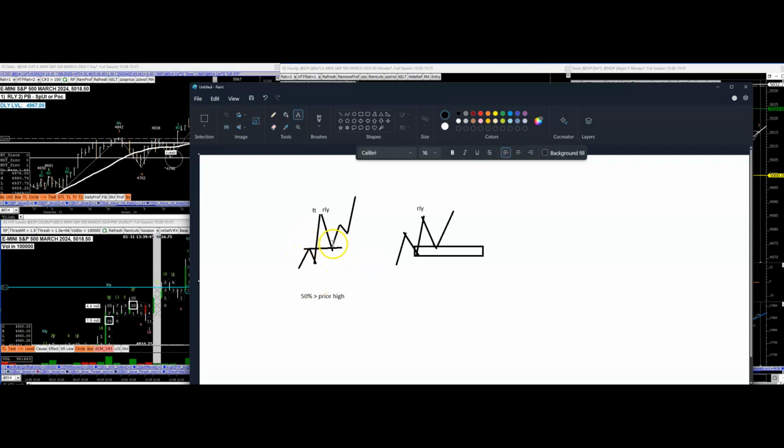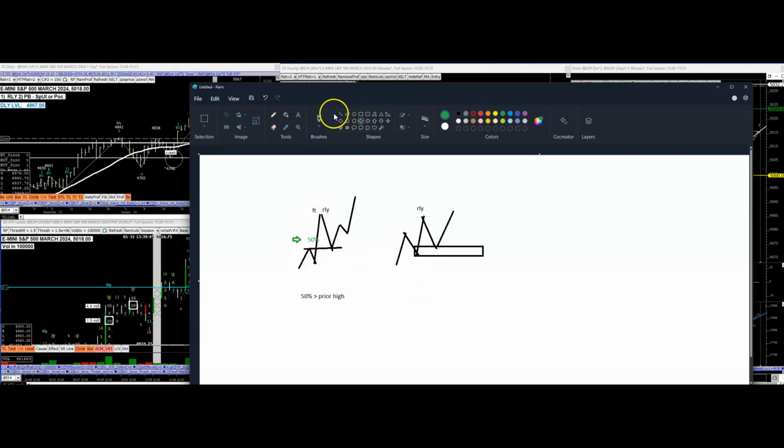When the 50% retracement is greater than the prior high, then the prior high is very likely to become resistance, because it'll get exhausted by the time it gets below.